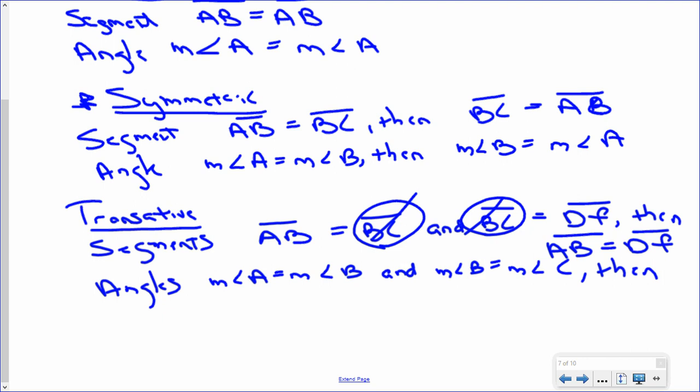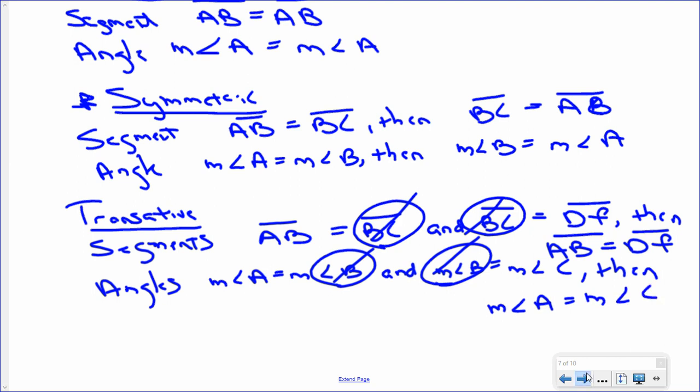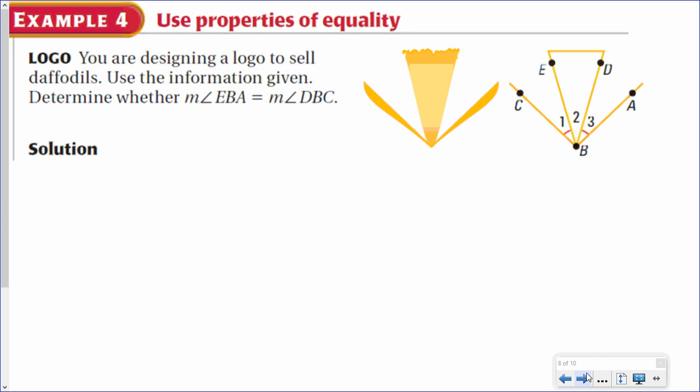They both have an angle B, right? These two right here, angle B. So you cancel those out, and then you'd say, what do you have left over? Angle A is congruent to angle C, or the measure of angle A is equal to the measure of angle C.